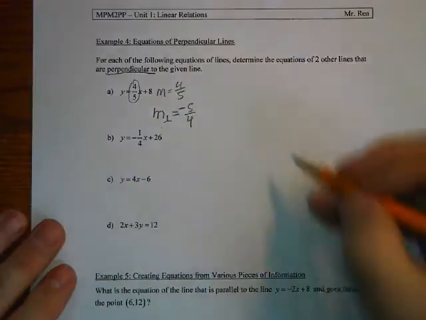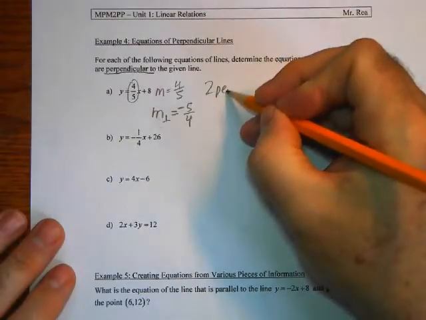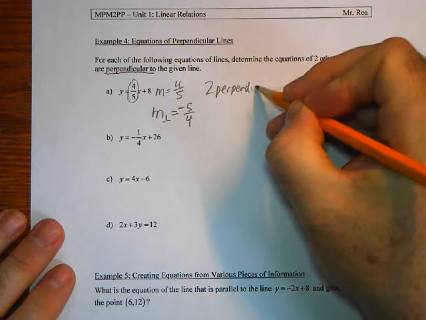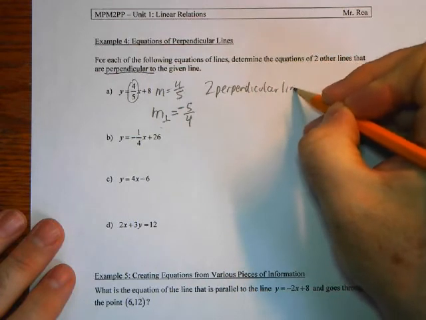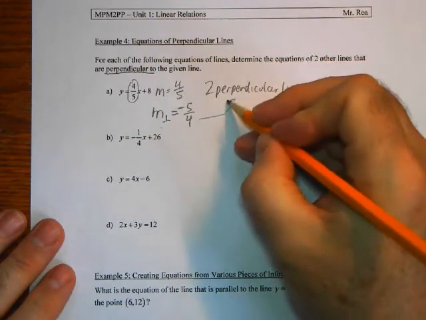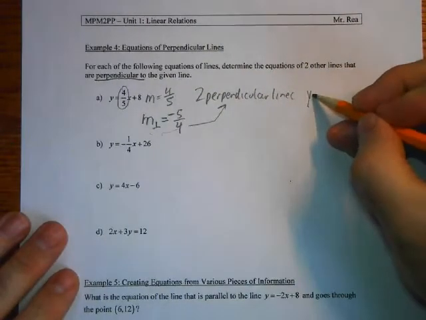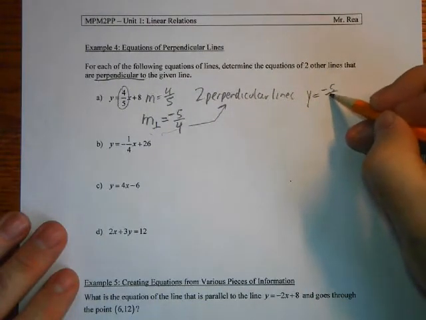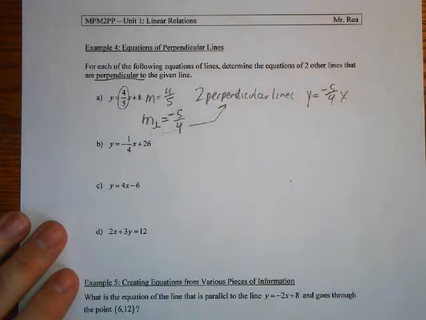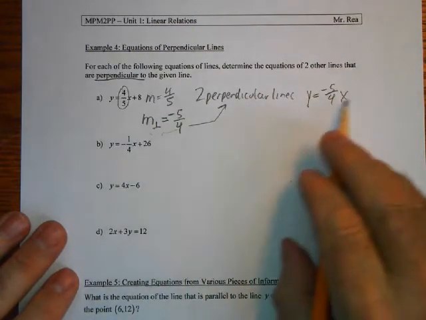Okay, so if I want two perpendicular lines, I'm going to use this perpendicular slope. Okay, and just like before, as long as I have that as my value of m, it doesn't really matter what I put.